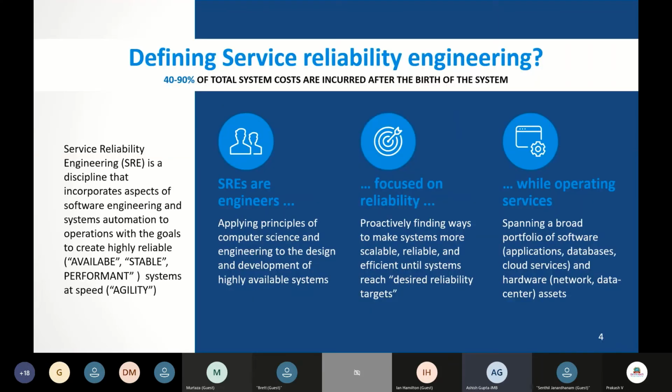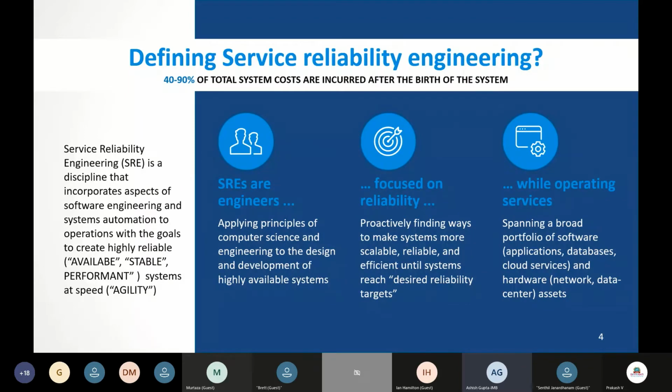Great. There was a Gartner research on this, which identified that 40 to 90% of the total system costs are incurred after the birth of the system. Which essentially means you typically invest time and money, which is well forecasted, while the system is being developed.